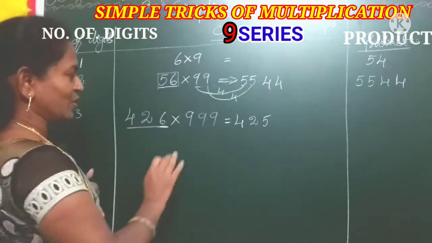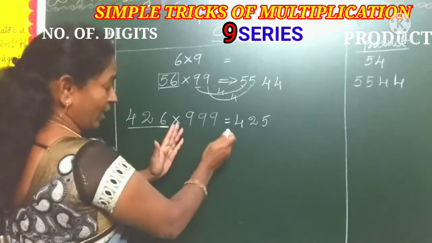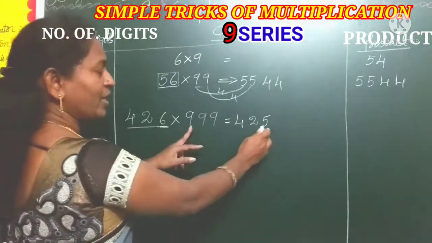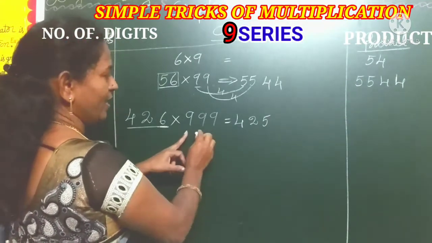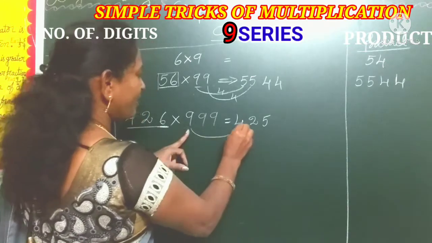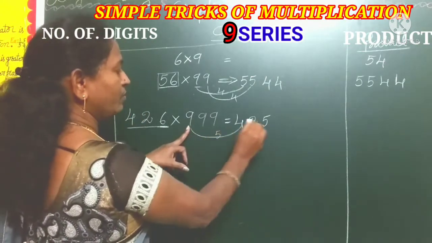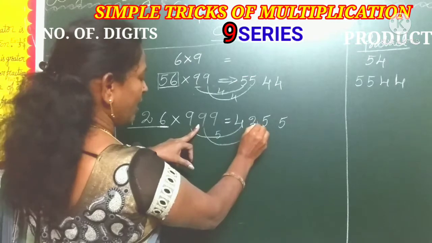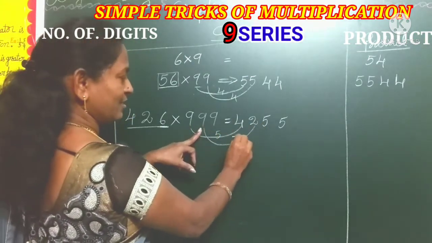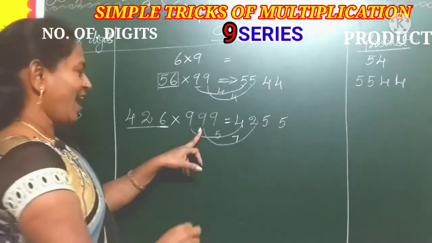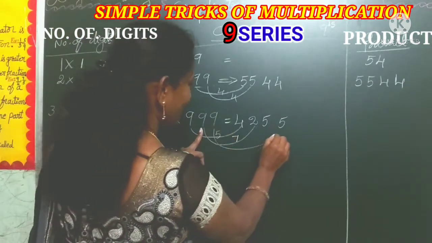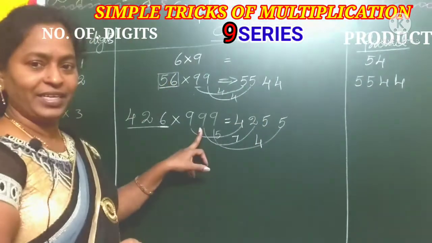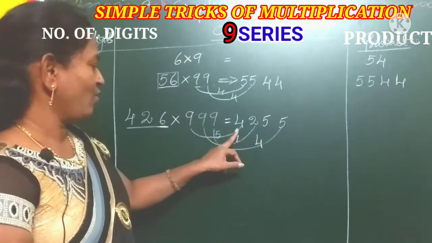Now, next what should we do? Here we write the difference of the numbers, not of these two numbers but these two numbers. First, the leftmost place: the difference of 9 and 4 is 5.